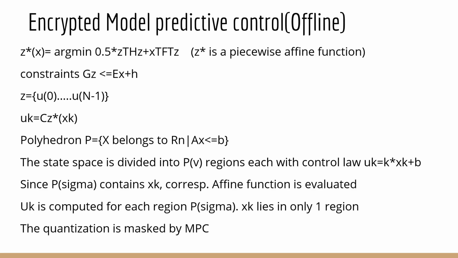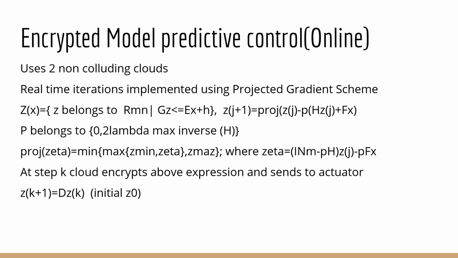We now go to online optimization. In online optimization, real-time iterations are what is happening. Encrypted model predictive control is solved using a fast projected gradient scheme, or what I have used is the fast gradient method in my project.